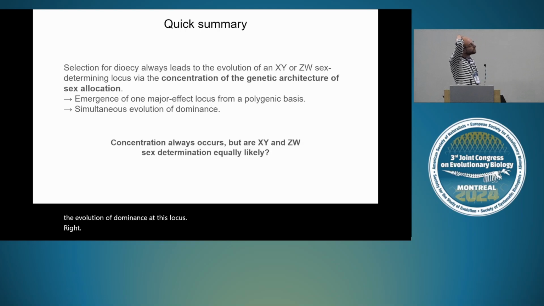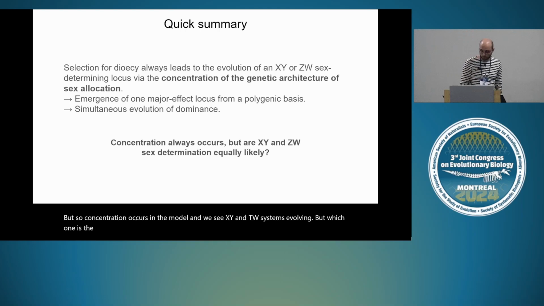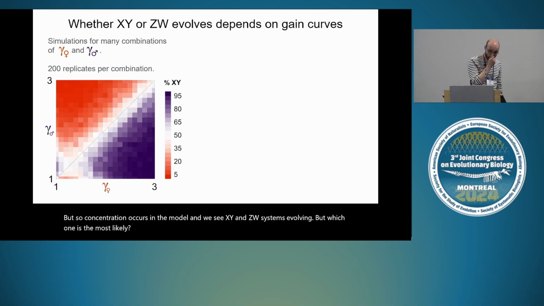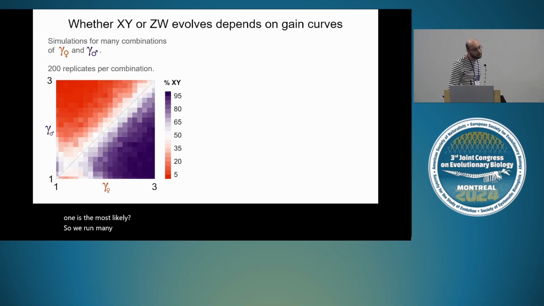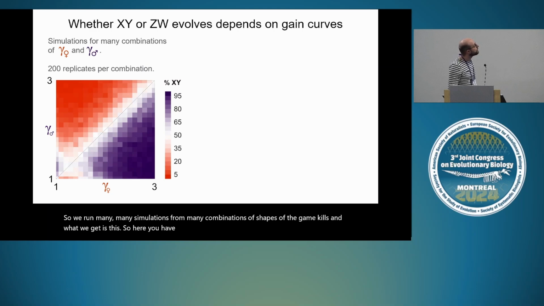But so concentration occurs in the model, and we see XY and ZW systems evolving, but which one is the most likely? So we ran many simulations for many combinations of shapes of the gain curves, and what we get is this. Here you have the shape of the female gain curve on the x-axis and the male gain curve on the y-axis, and you get the proportion of XY systems evolving, with dark purple indicating a high proportion of XYs.